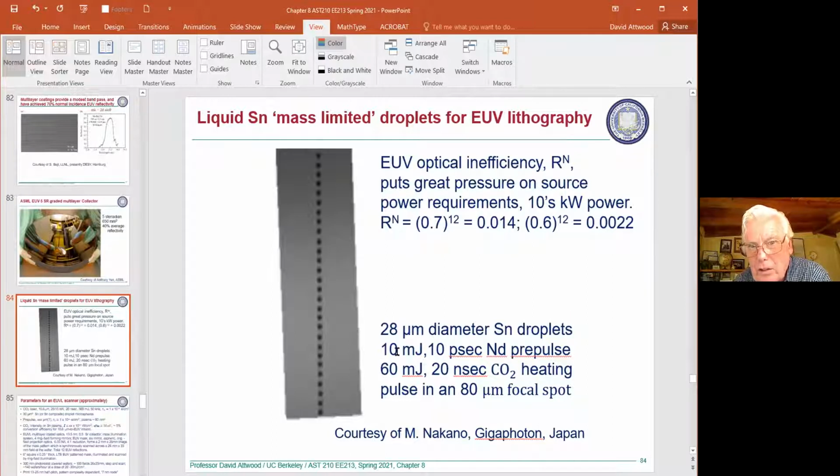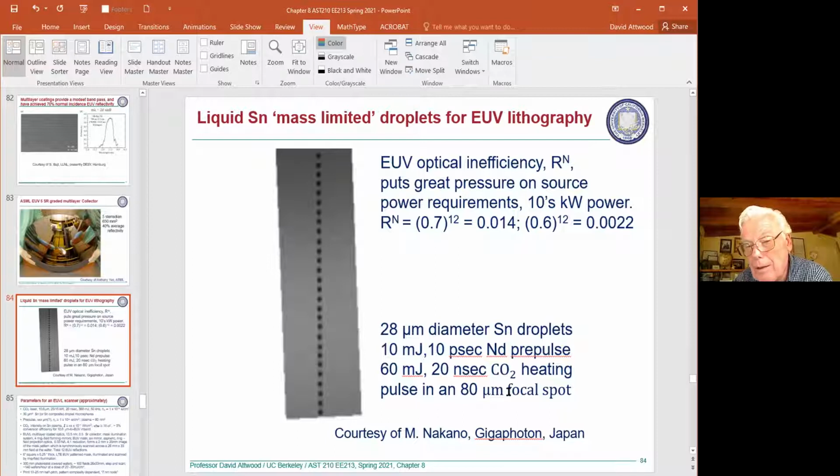The laser pulses in this case are two things. There's a neodymium pre-pulse at 1 micron. This is the pre-pulse. And then the main pulse comes, the CO2 heating pulse, and that's brought down to a focal spot of 80 microns. So this is 28 microns in diameter.